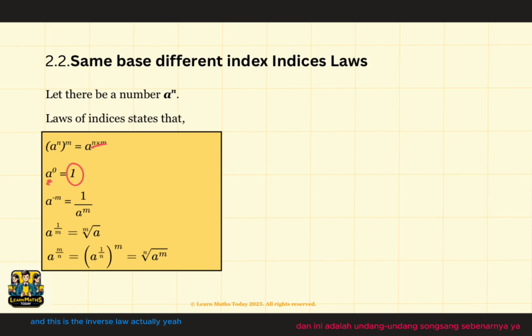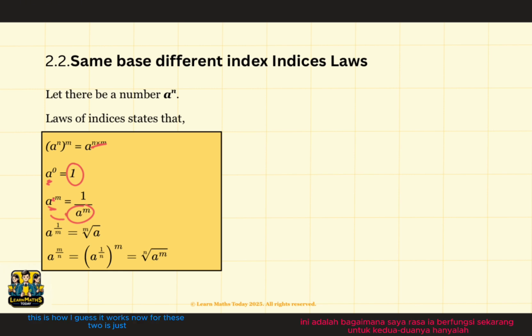And this is the inverse law. Since this negative will mean that it's at the bottom, it's like a reciprocal function. Now for these two, it's just your square bases. I think the proofs will be at the back later.